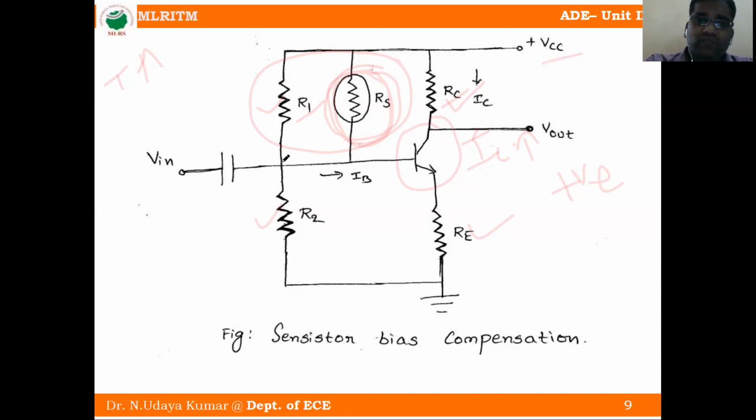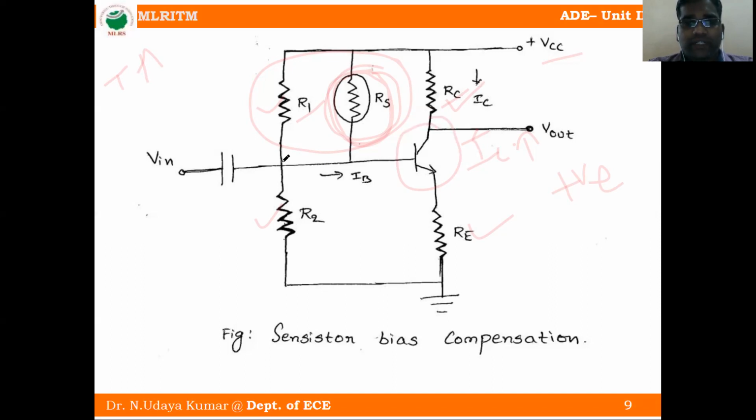If VBE decreases, IB decreases and IC decreases. So this reduced IC compensates for the increased IC caused by the increase in IC naught, VBE and beta due to temperature rise. So this is called sensistor bias compensation.